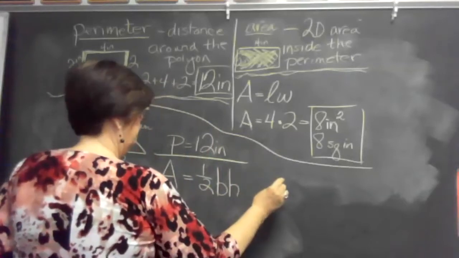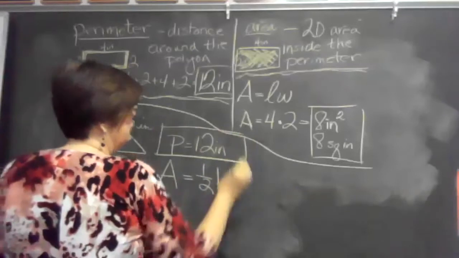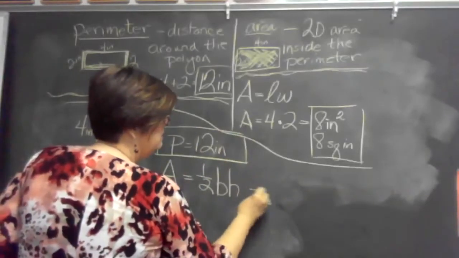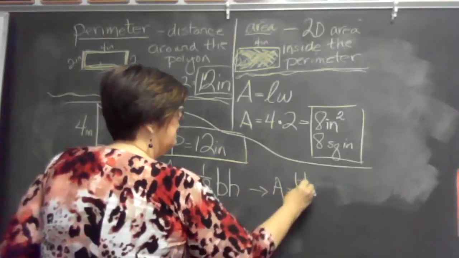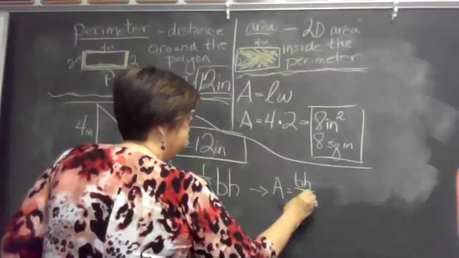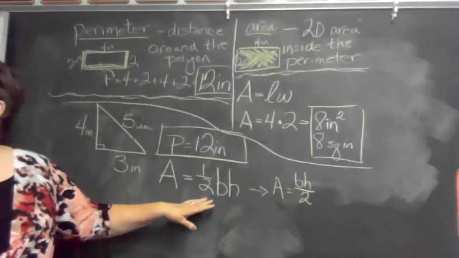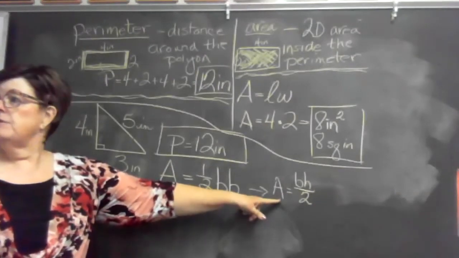Another way you might see this is area equals B times H divided by 2. The first one is on your formula chart that you'll use in class and on the test. This one you will also see.